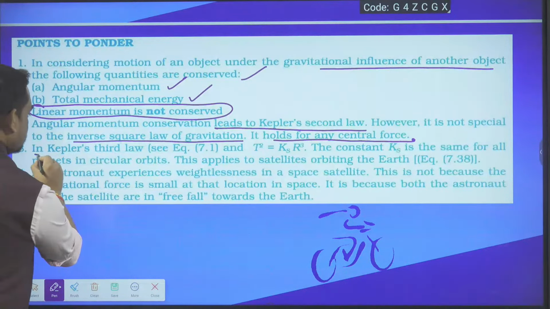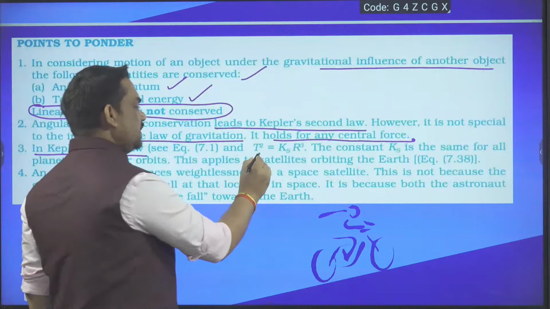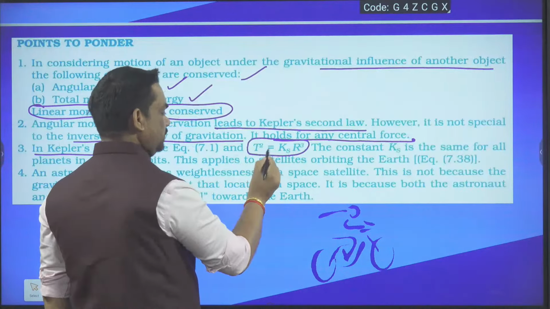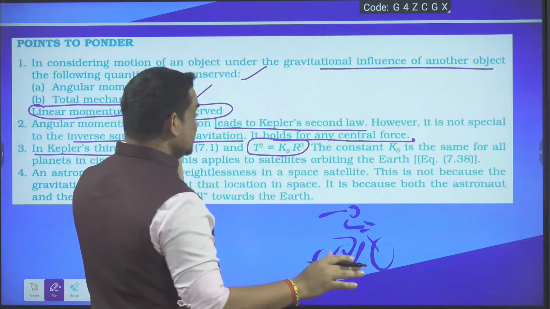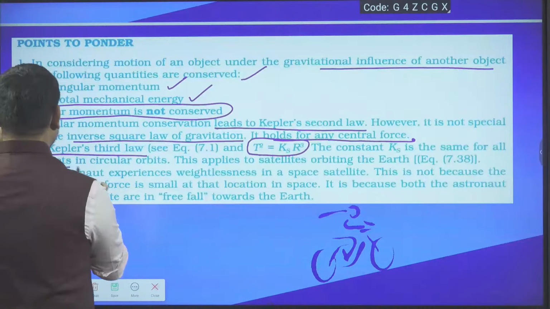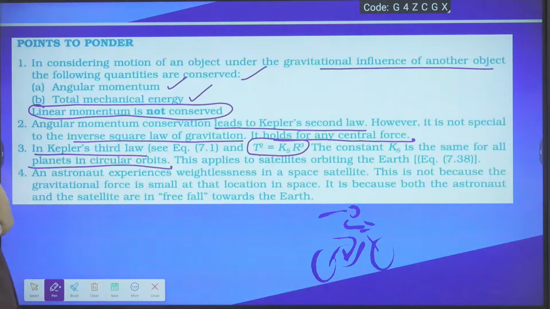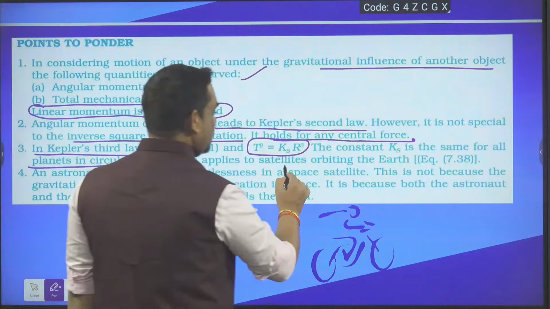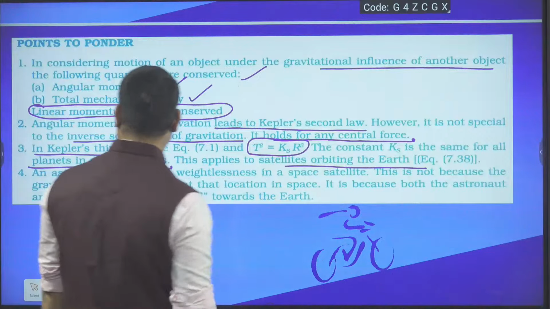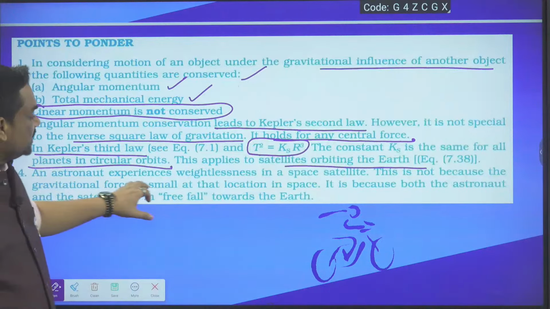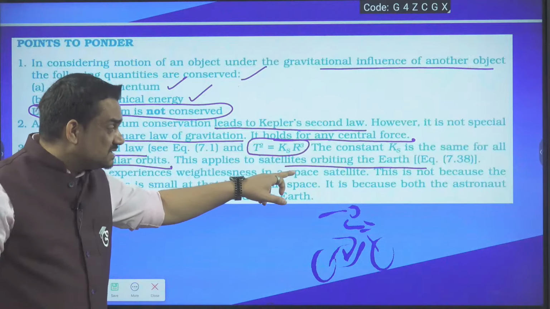In Kepler's third law, T square equals Ks R cube, the constant Ks is the same for all the planets in circular orbit. This applies to satellites orbiting the Earth also. An astronaut experiences weightlessness in a space satellite.